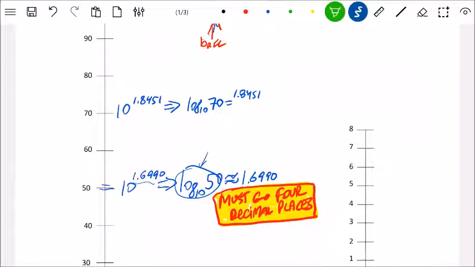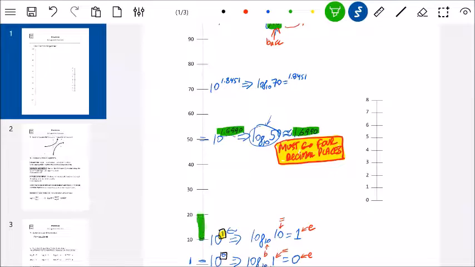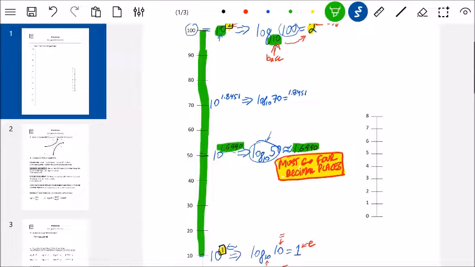So I'm going to look at this number. Notice that from 10 to 100, the exact middle point between 10 and 100 would be about 55, because from 10 to 55 is 45, and from 55 to 100 is 45.